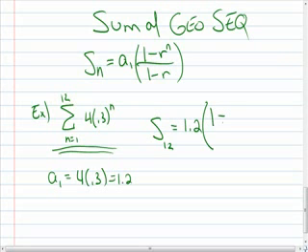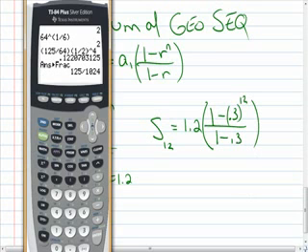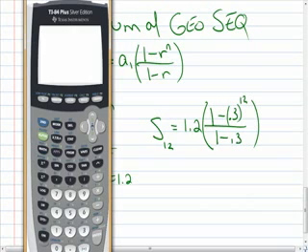1 minus the ratio 0.3 to the 12th, because this is the sum of the first 12 terms, over 1 minus the ratio. Let's be very careful putting that in the calculator, because you screw it all up if you miss a parenthesis. You could break it up. You could do 1 minus 0.3 to the 12th, enter, figure out what that is, 1 minus 0.3, enter, divide the 2.